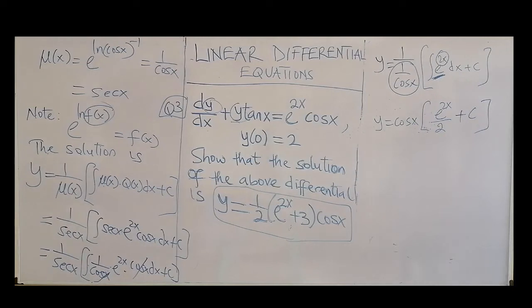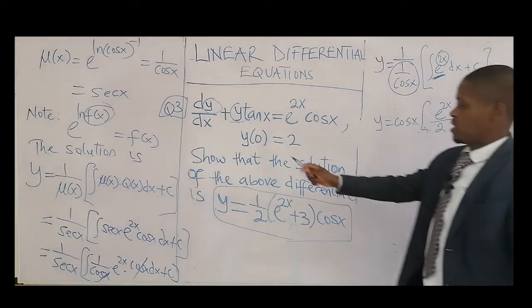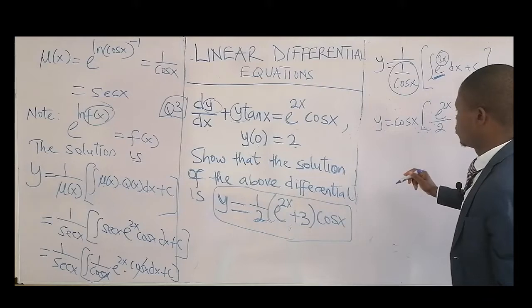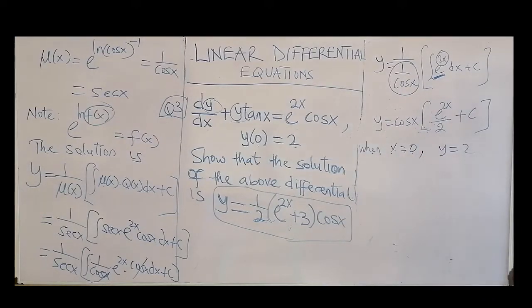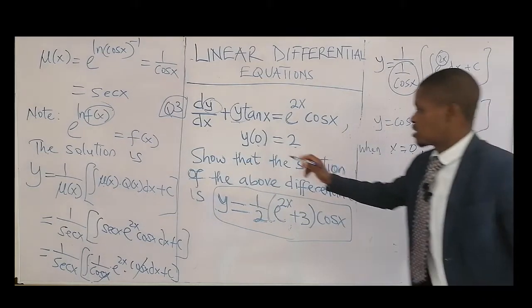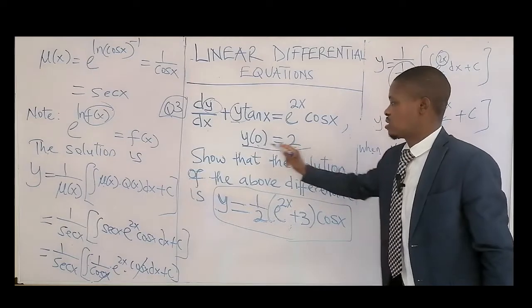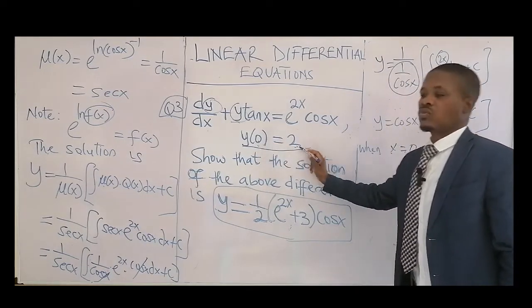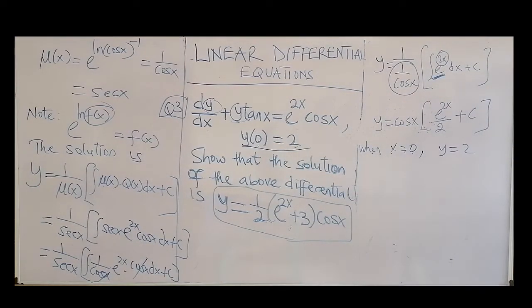You just need to do the expansion on the brackets, but we need to get the c. We are given that when x is 0, y is 2. So that's the meaning of this statement. This is x, this is y. Substitute that.